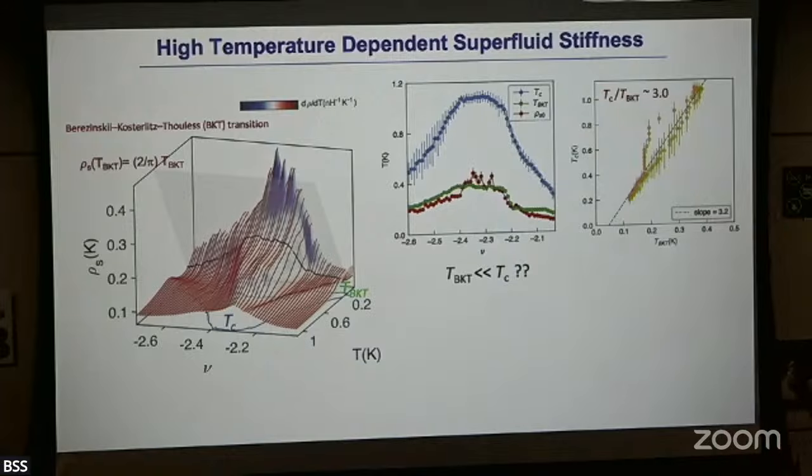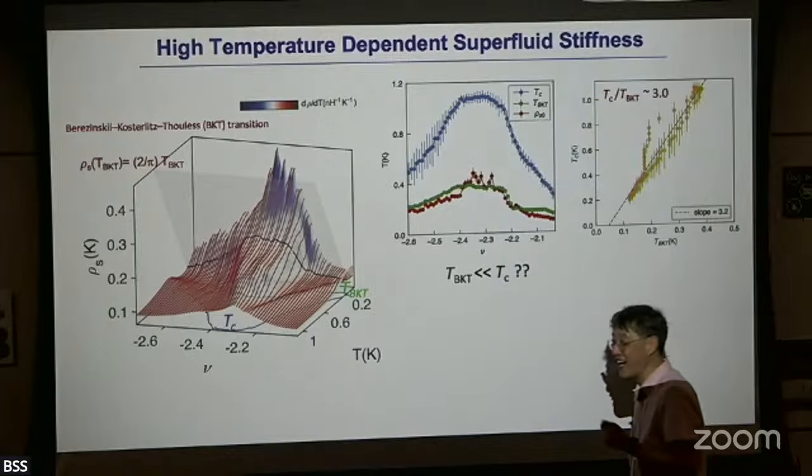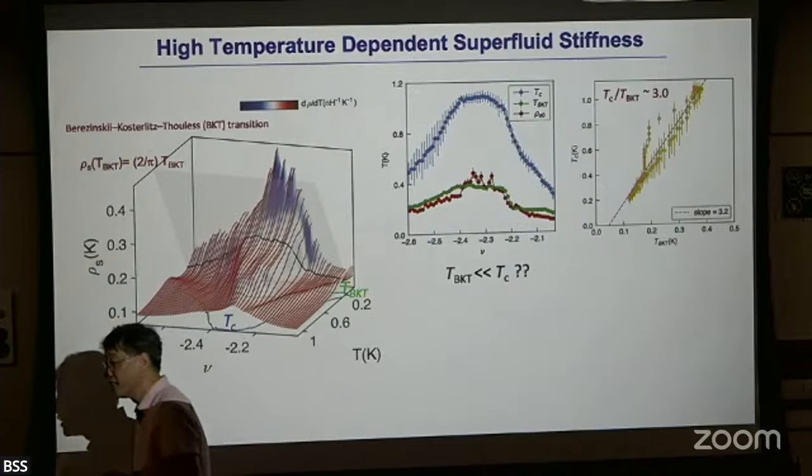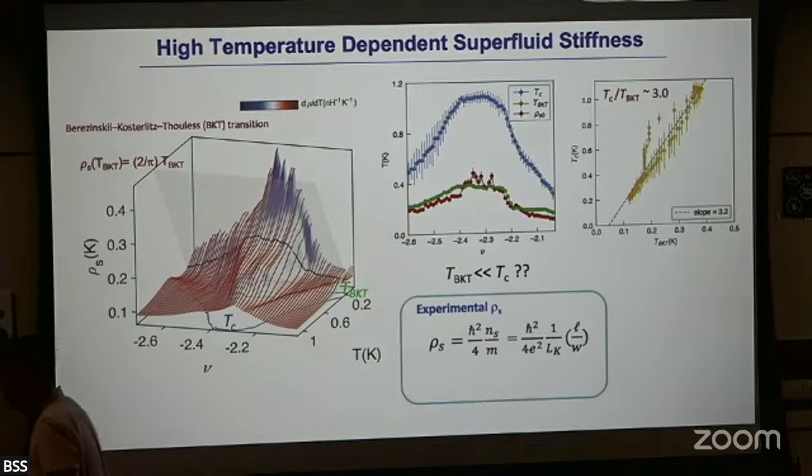But rather than invoke that interesting physics there, I would say this is a little bit more mundane, and I believe there's a mundane part that we have to worry about. It's more of the experimentalist's fault, let me put it this way. Note that we measure inductance, not the characteristic sheet inductance.